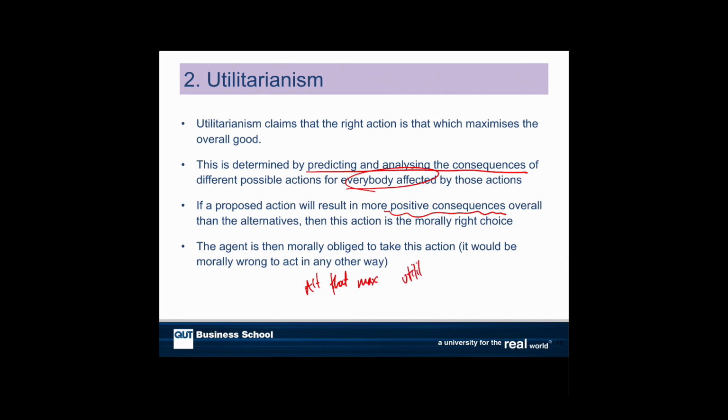For those who haven't done economics yet, utility is the economics word for good or happiness. We'll run across these terms used interchangeably by the authors, and that's where the name utilitarianism comes from. As with ethical egoism, you're then morally obliged to take this action. It's morally wrong not to take the action.